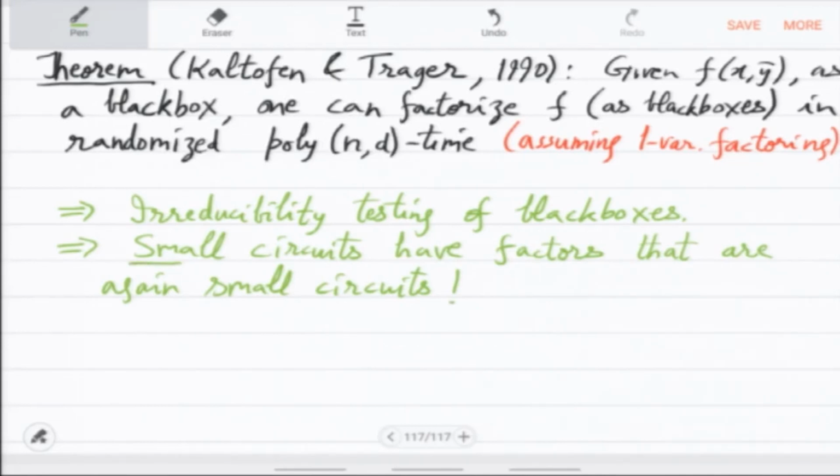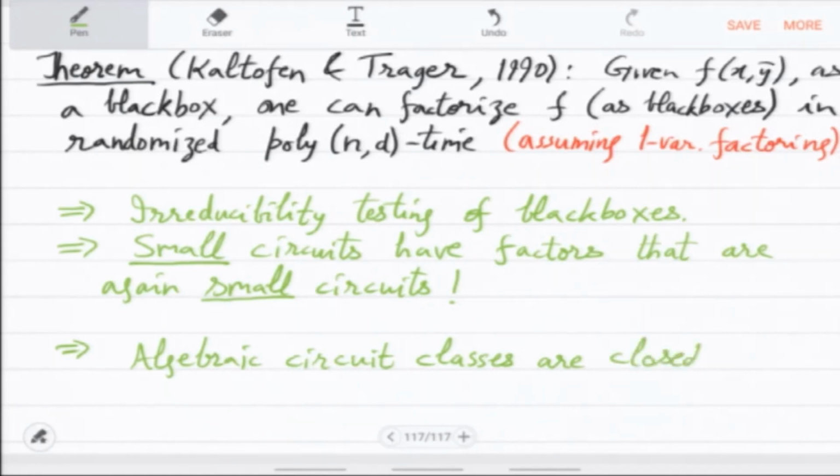Okay, so small circuits, circuit classes are closed under factors.